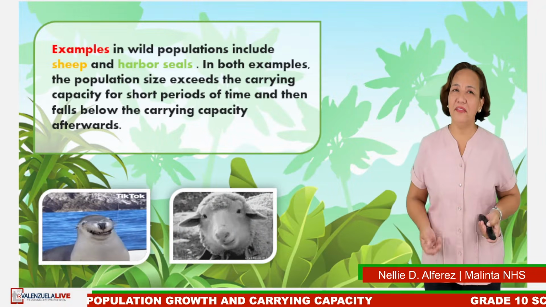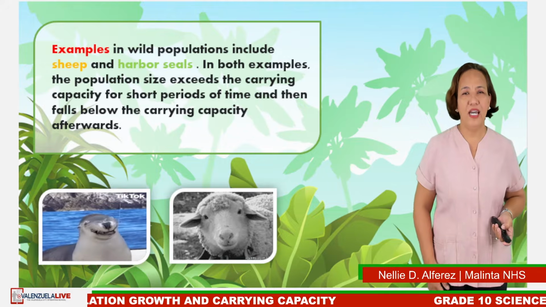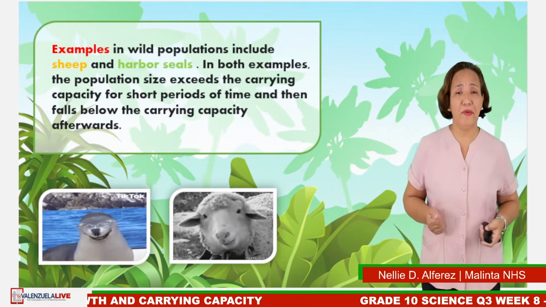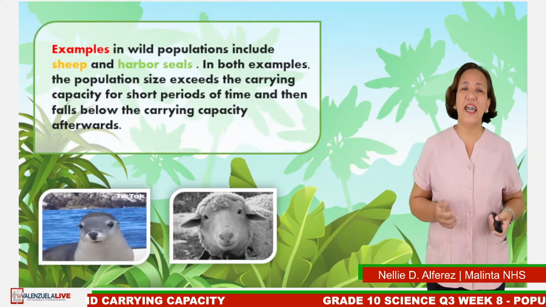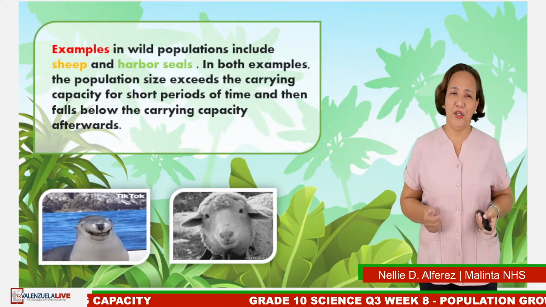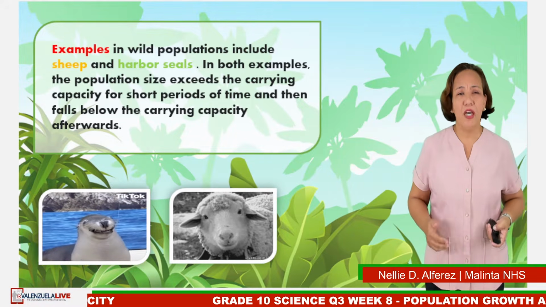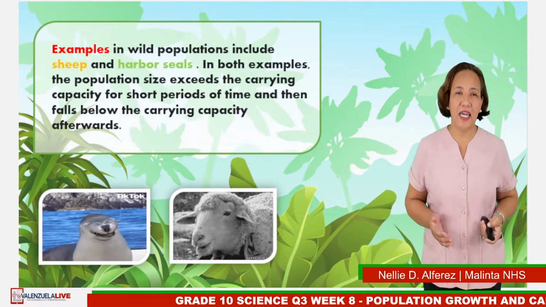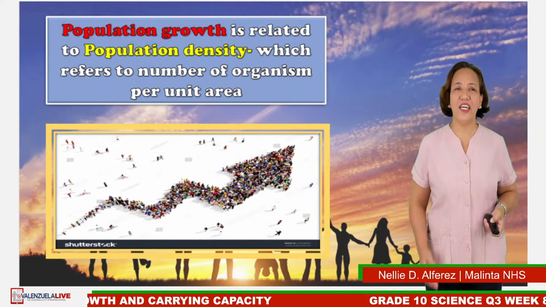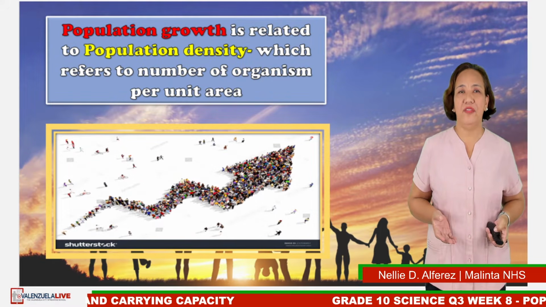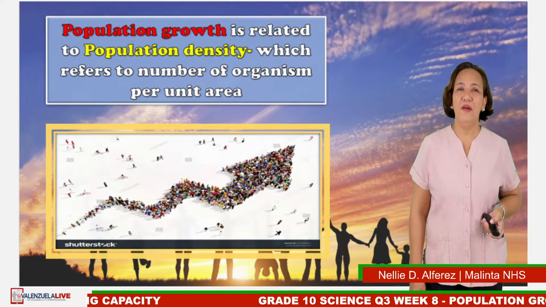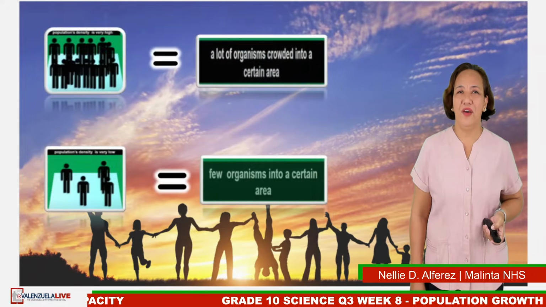Examples in wild populations include sheep and harbor seals. In both examples, the population size exceeds the carrying capacity for a short period and then falls below the carrying capacity afterwards.